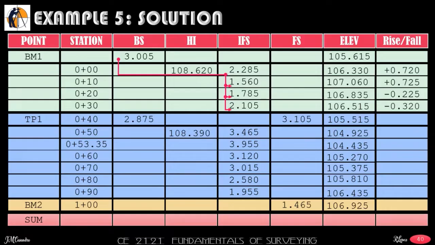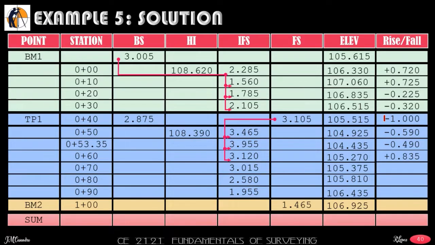So negative 0.320. So next, we subtract 2.105 and 3.105. So that's negative 1.01. Then next, we have 3.465 minus 3.105. So negative 0.590.